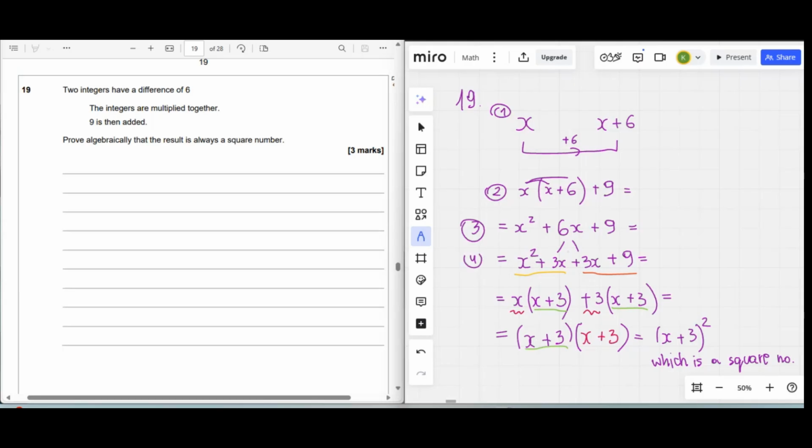Then we need to make 4 terms, and in most cases it's just enough to take that middle term and divide by 2, and it should appear with 2 common things to factorize. All right?